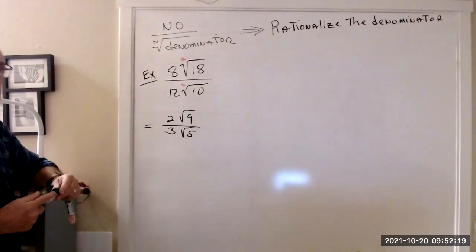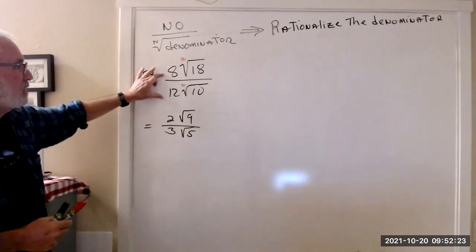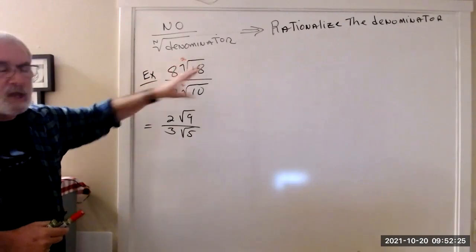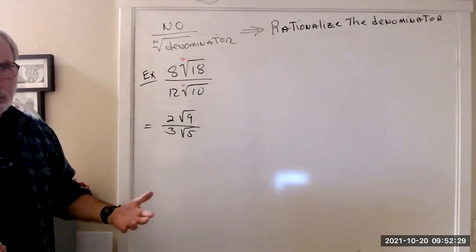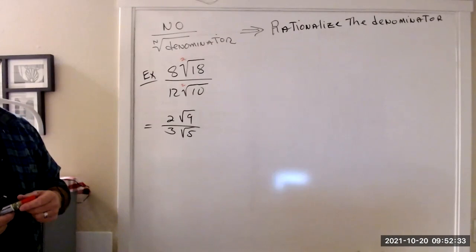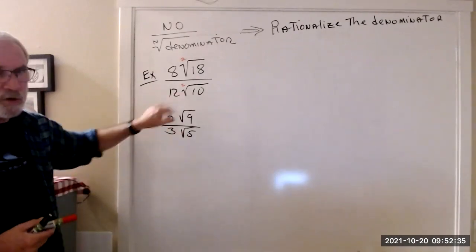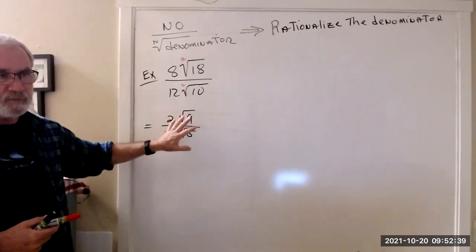So you can reduce or cancel, outside with outside, inside with inside. Do you have to? No. Is it easier? Usually, yes, because you're working with smaller numbers, and that's always a benefit.